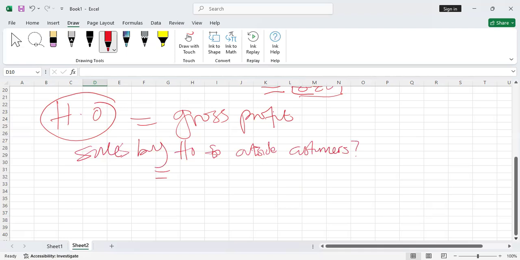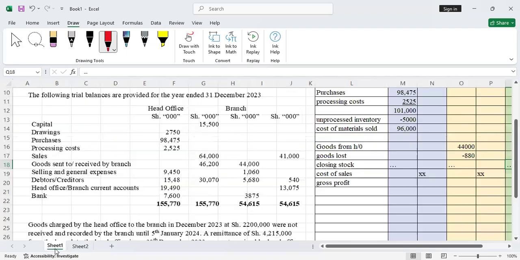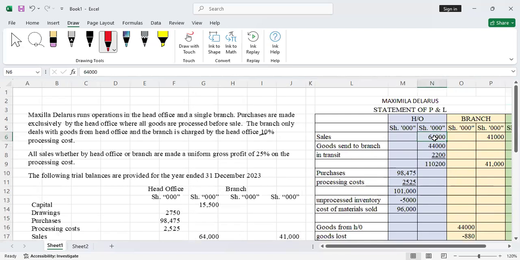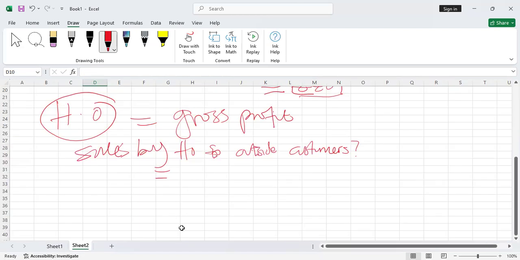How much sales did the head office make? So this head office sold to outsiders 64,000.